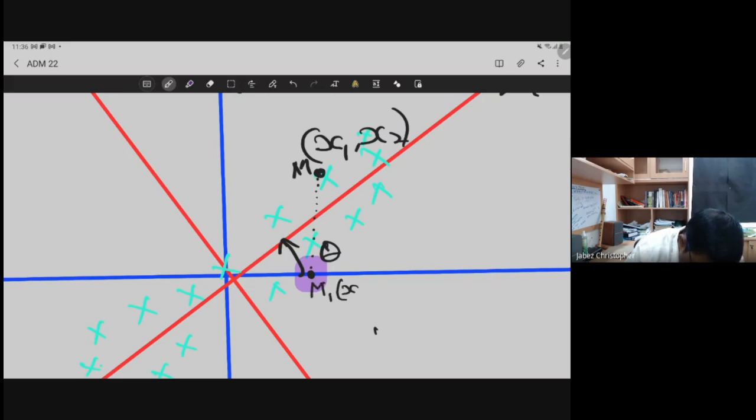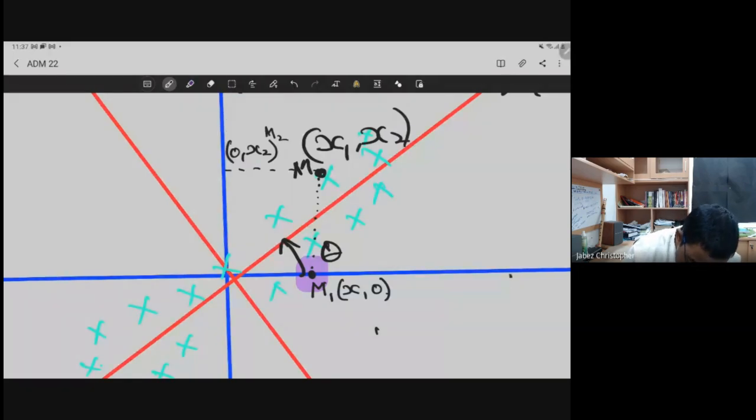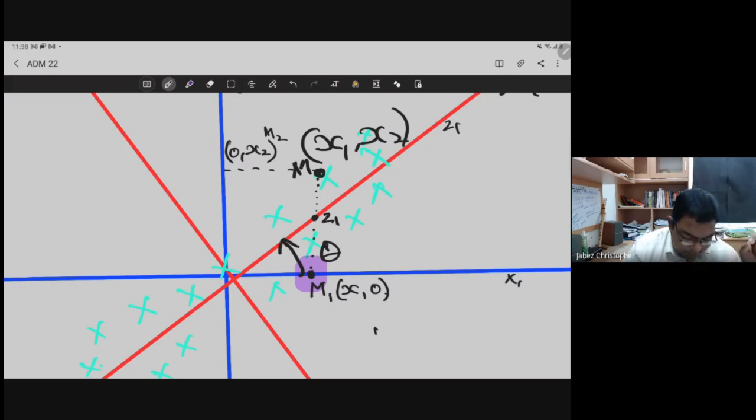M1 is going to be x1 comma 0, and the projection of M on x2. The angle between x1 and z1 is theta. The projection of m1 on z1.